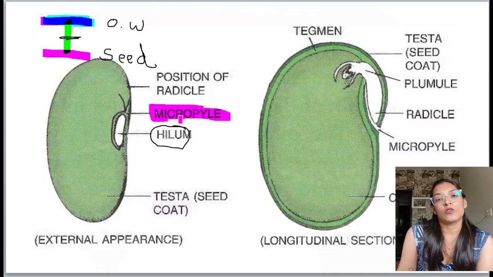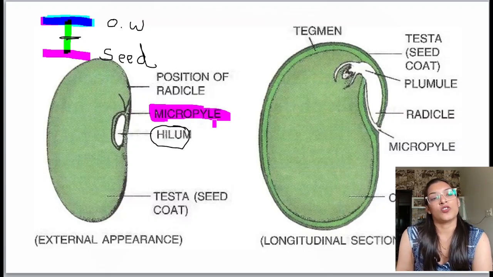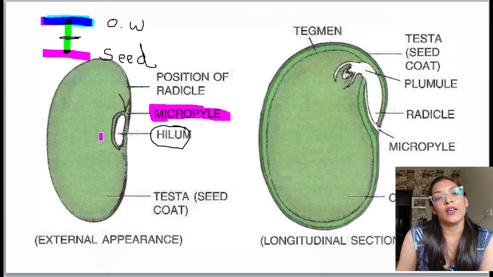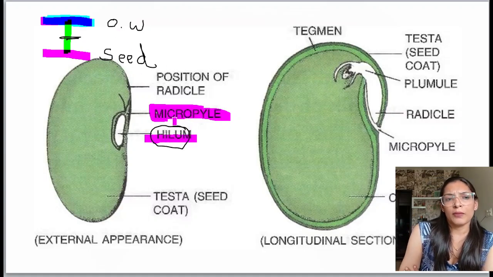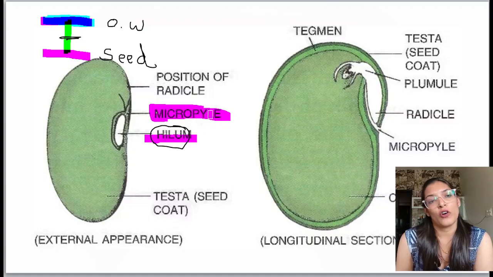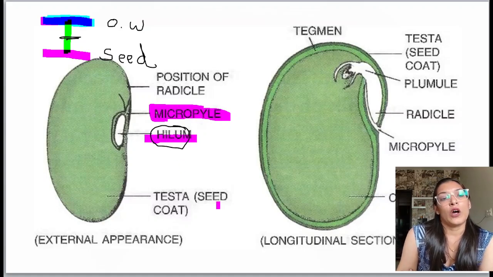There is a hole called the micropyle through which water and oxygen exchange takes place between the seed and the external environment. So hilum is the connecting link between the ovary wall and the seed, and the micropyle helps in the exchange of oxygen and water.